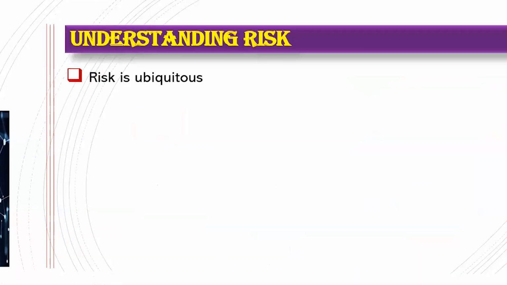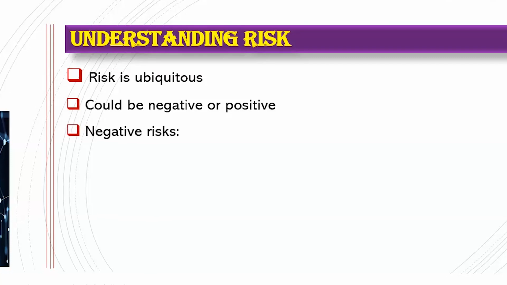Now, it is also important to understand that risk is ubiquitous. When we say risk is ubiquitous, we mean that risk is everywhere, it is present. And we also understand from the definition that it could be negative or positive. Negative risks usually are called threats or challenges.